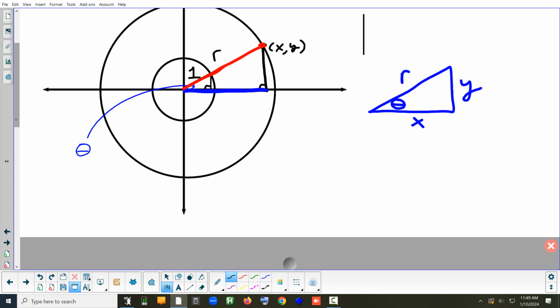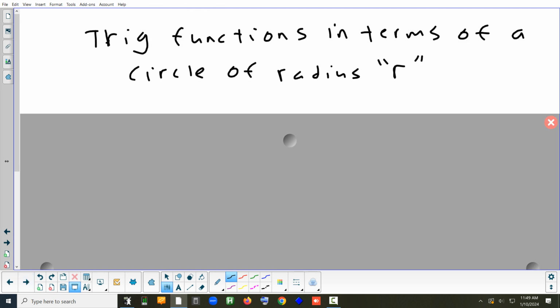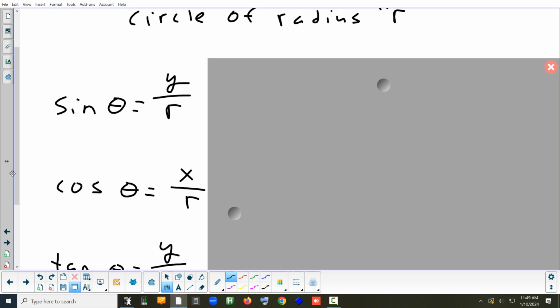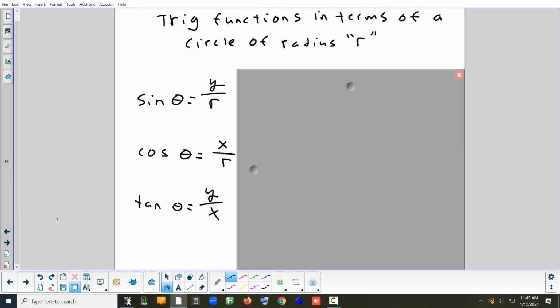This one is actually the same as the unit circle formula. Y over x. Yes. So sine is y over r. Cosine is x over r. And tangent is y over x. This one ends up being the same as it was for a unit circle.